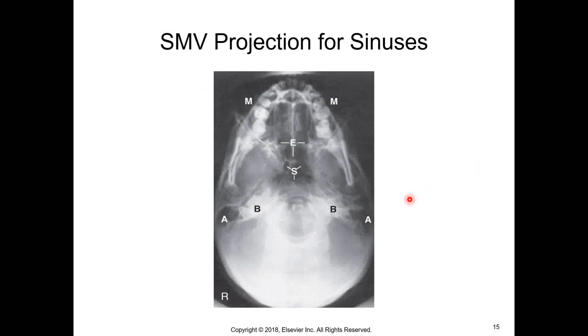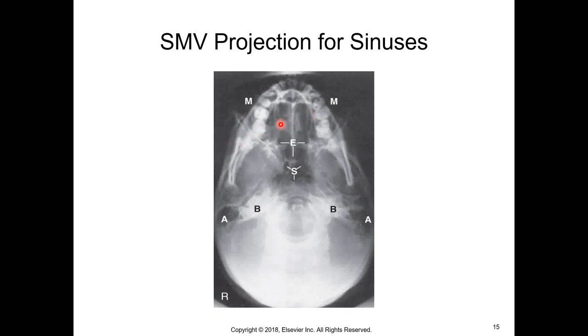This is an SMV. This is another one where you can see the sphenoidal sinuses right here. Your ethmoid sinuses are just anterior to the sphenoid sinuses, and you want to make sure when you're doing an SMV that the mental point or mentum of your mandible is not superimposing your ethmoids.